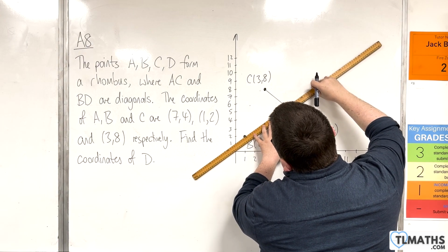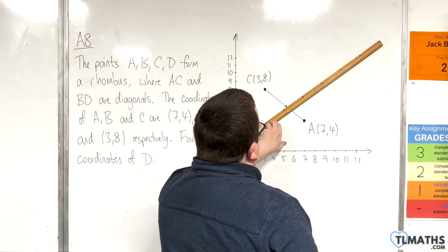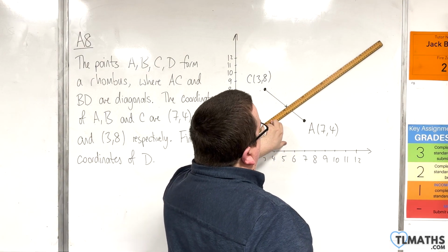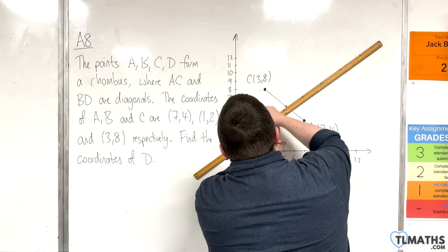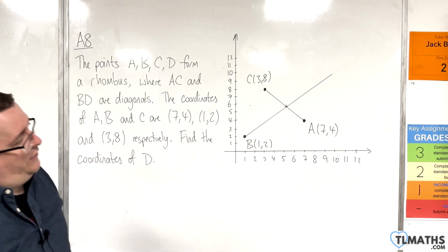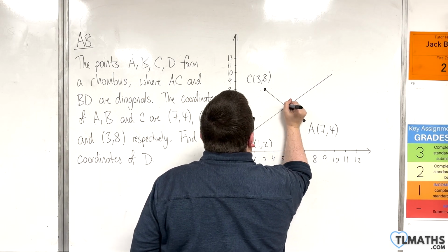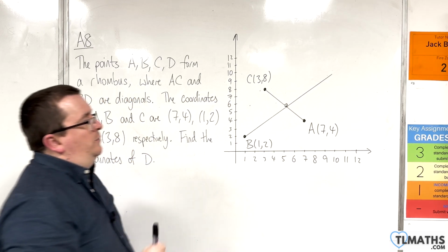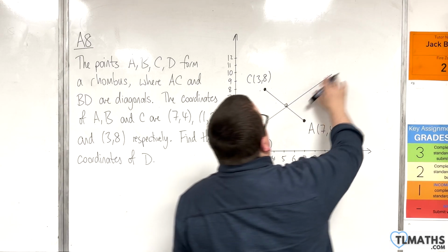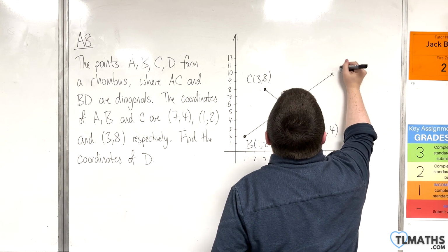If I'd drawn this accurately, then these would have been meeting at right angles. But I can see it's off, because my axes aren't quite right. These should be right angles there. So D is somewhere over here, somewhere over there.